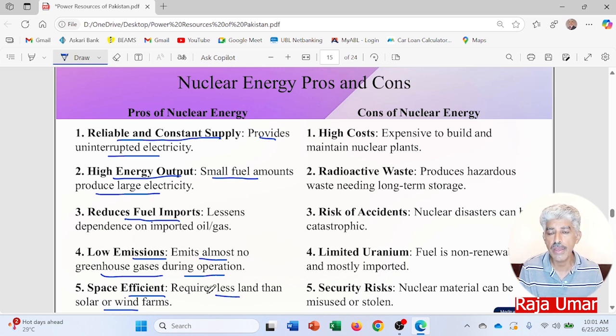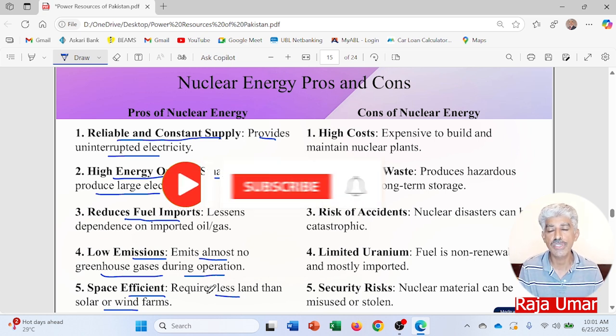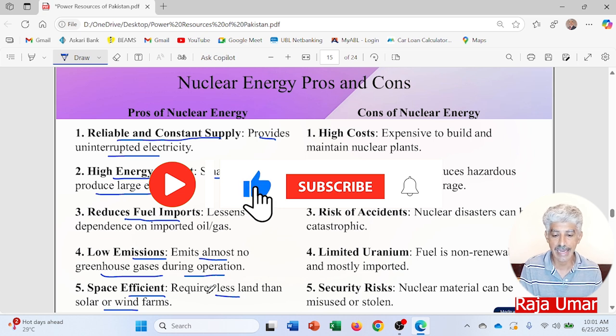Even if we want to produce more energy through solar and wind farms, we have to install many hundreds of solar panels and many wind turbines over a larger area. So in comparison with those as well, along with the hydroelectric power stations, nuclear power stations consume really very little land. All these are the plus points.